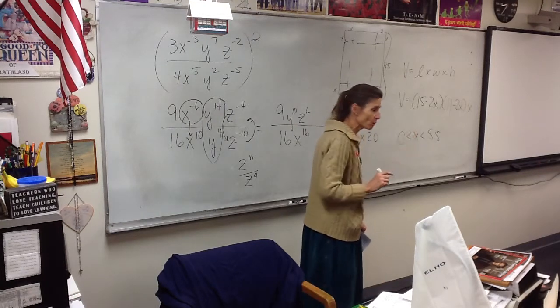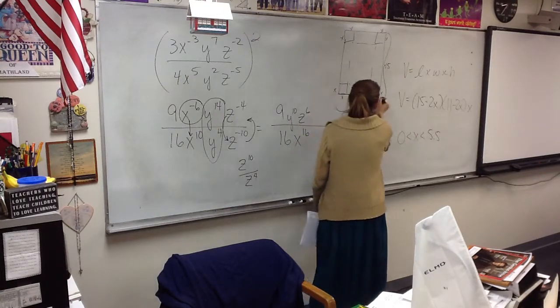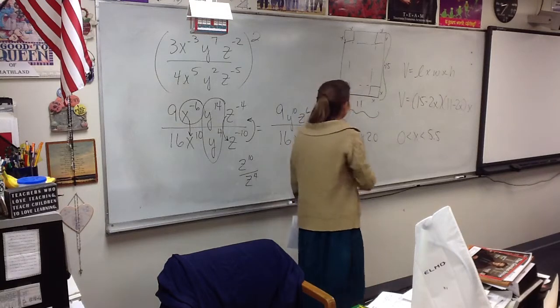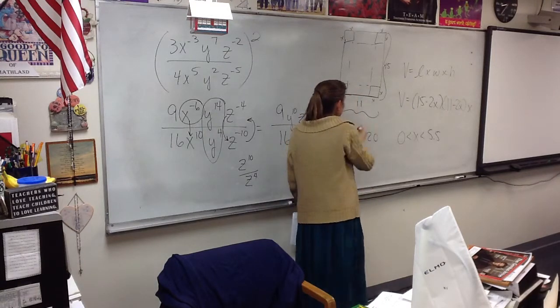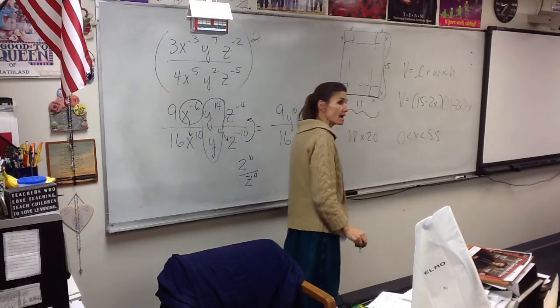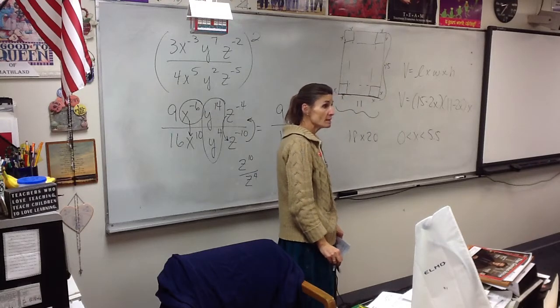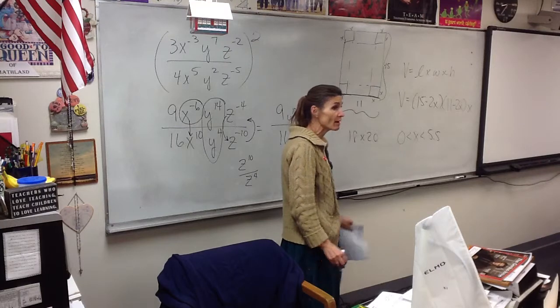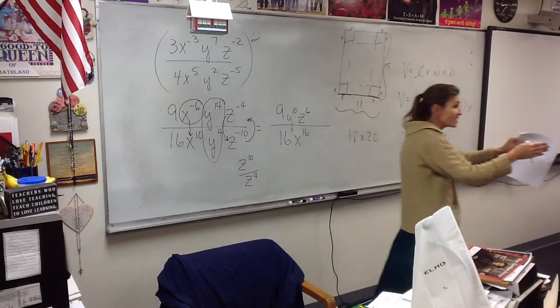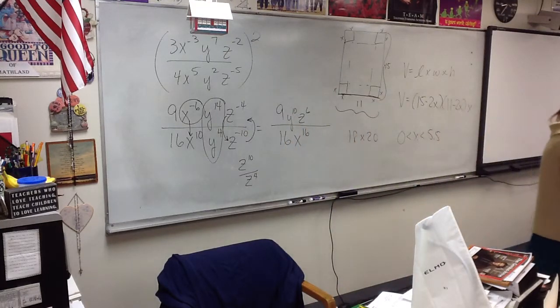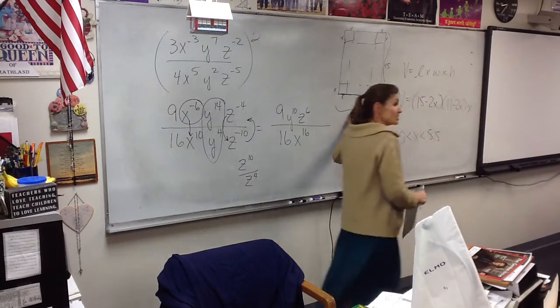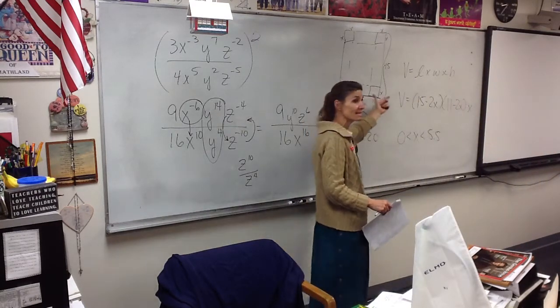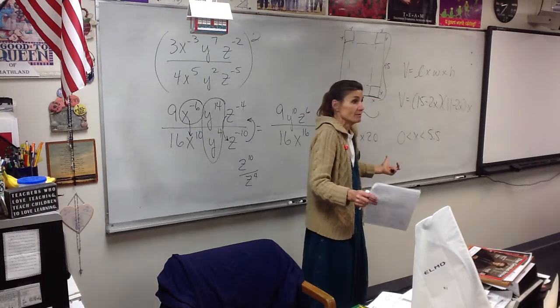Think about it, Troy. This is 11 wide. I'm going to take a chunk off this side and a chunk off this side. If there's only 11 units, inches, or something to start with, what's the most I can take off each side? Half of that. If you only have 11, you can't take 6 inches off this side and 6 inches off this side. There's not enough.